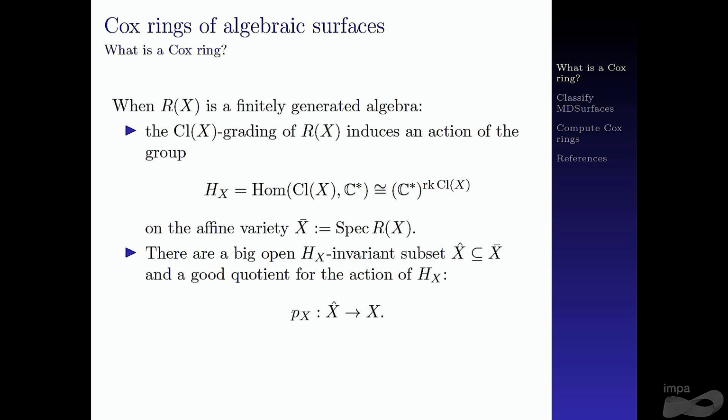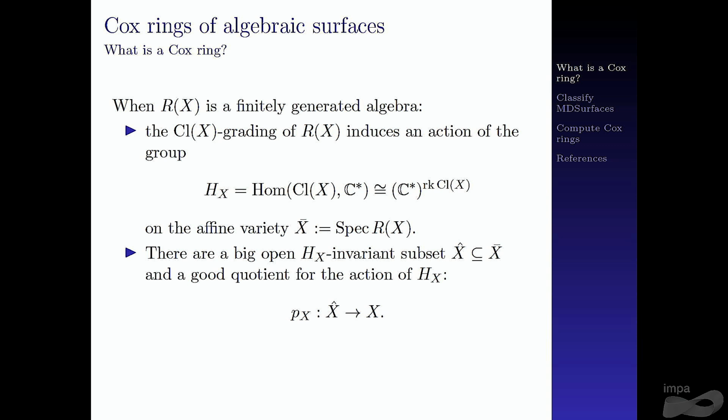Essentially it can be constructed in this way: if you have an ample class on the variety, assuming it's projective, as we are doing, then you take the element in the Cox ring associated to this ample class, and you take the ideal generated by this. So the zero set of this defines the complement of this big open subset. Okay, so this is the idea.